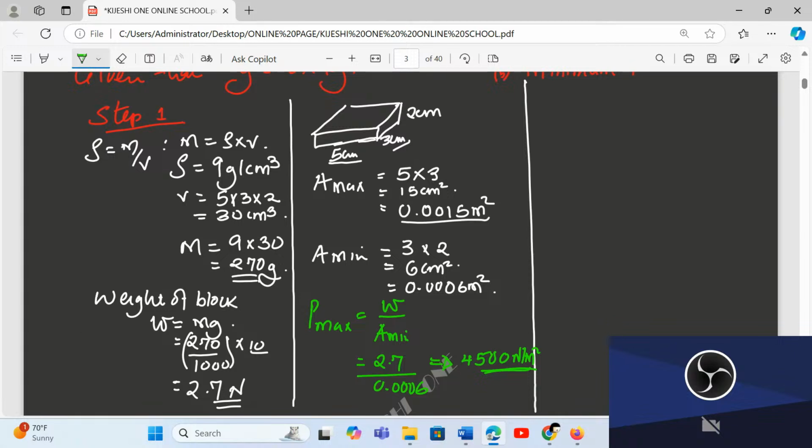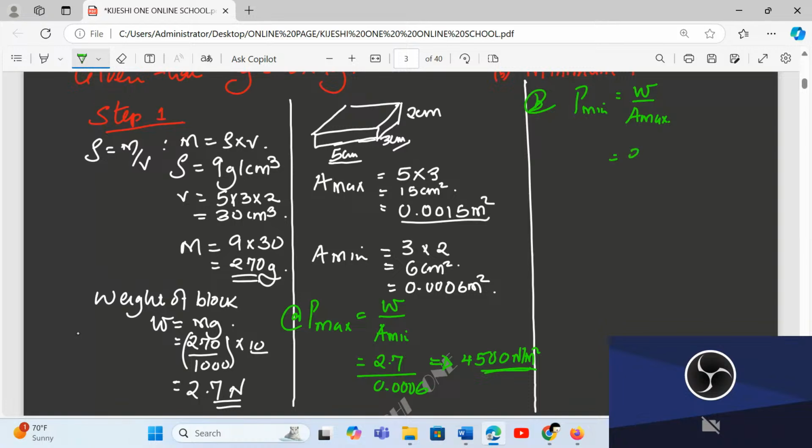We have now, this is A, part B, where we are required to get the minimum pressure. P minimum will be given by weight of the block over area, which is maximum.